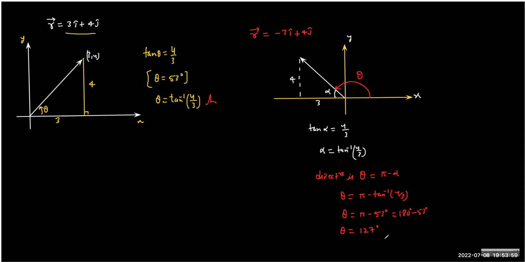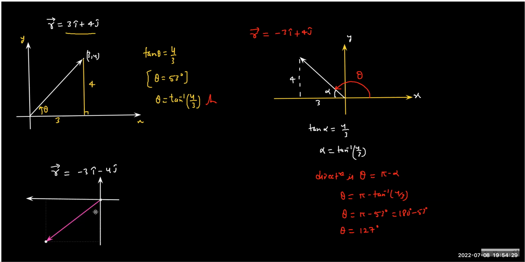Okay. So let's take the third example just to have clarity. Do you know which quadrant we are talking about now? Third quadrant. We are not supposed to know the angle from the x-axis in the beginning.